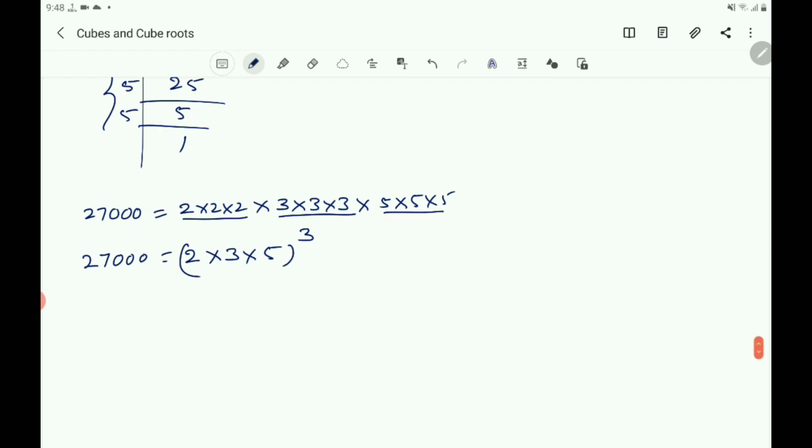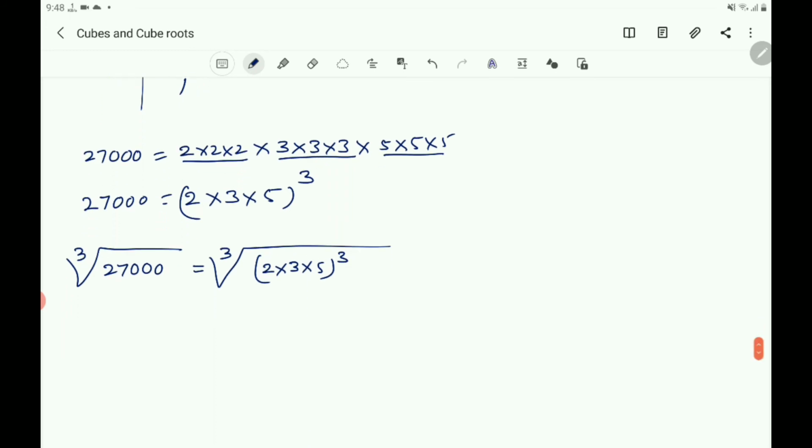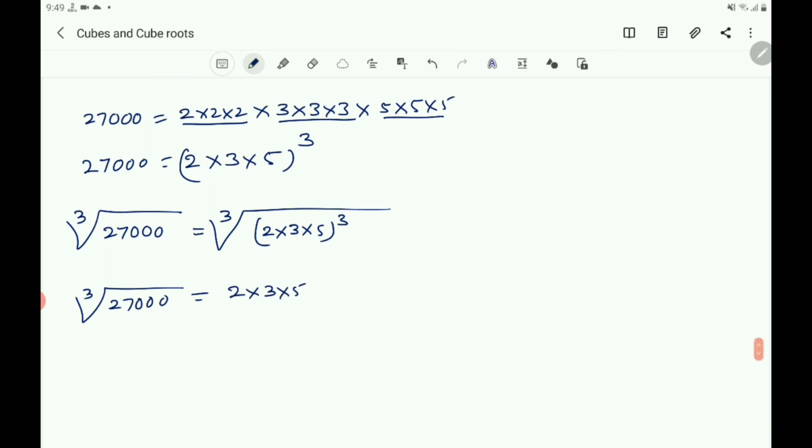Then take the cube root on both the sides. That is cube root of 27,000 equals cube root of 2 into 3 into 5 whole cube. Then it is cube root of 27,000 equals, you know that this cube cancels here. You will get 2 into 3 into 5.